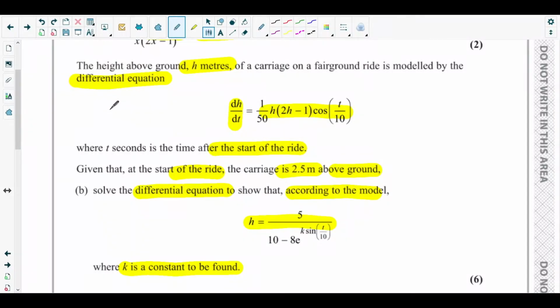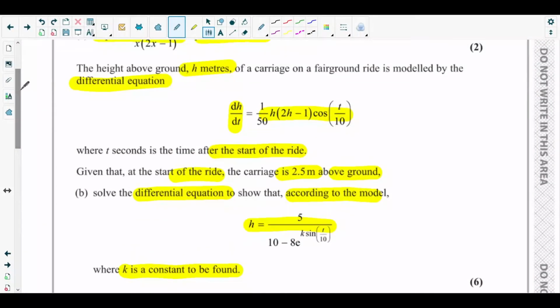For a differential equation, the first step is to take the terms with h on one side and the terms with t on the other side. So we have h(2h minus 1). Take it to the left side so that dh remains there, and take dt to the right side.